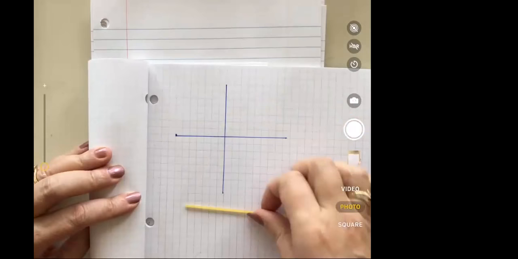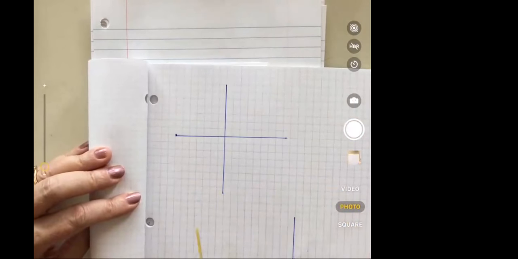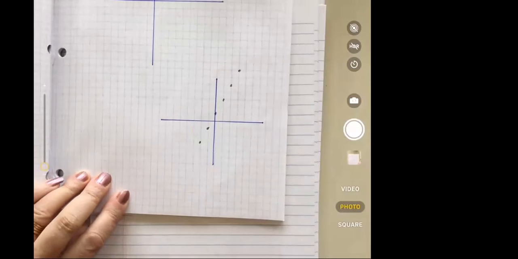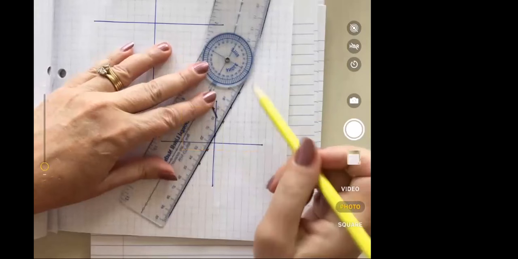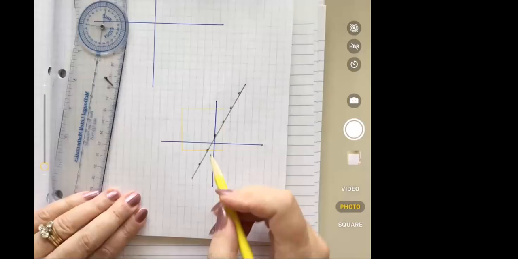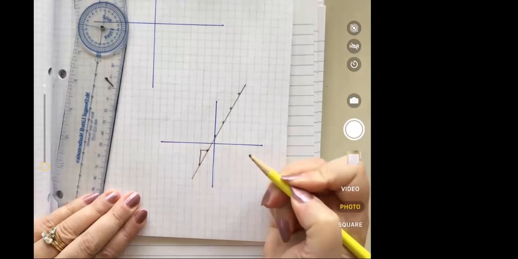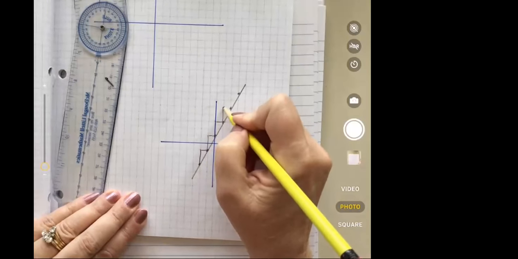What the slope does, it explains how much it goes up for every one box it goes over. So if I have something like this, see the dots there? If I drew in a line here, the slope, this looks like it goes up 2 for every 1 it goes over, kind of like a stair step. 2/1.